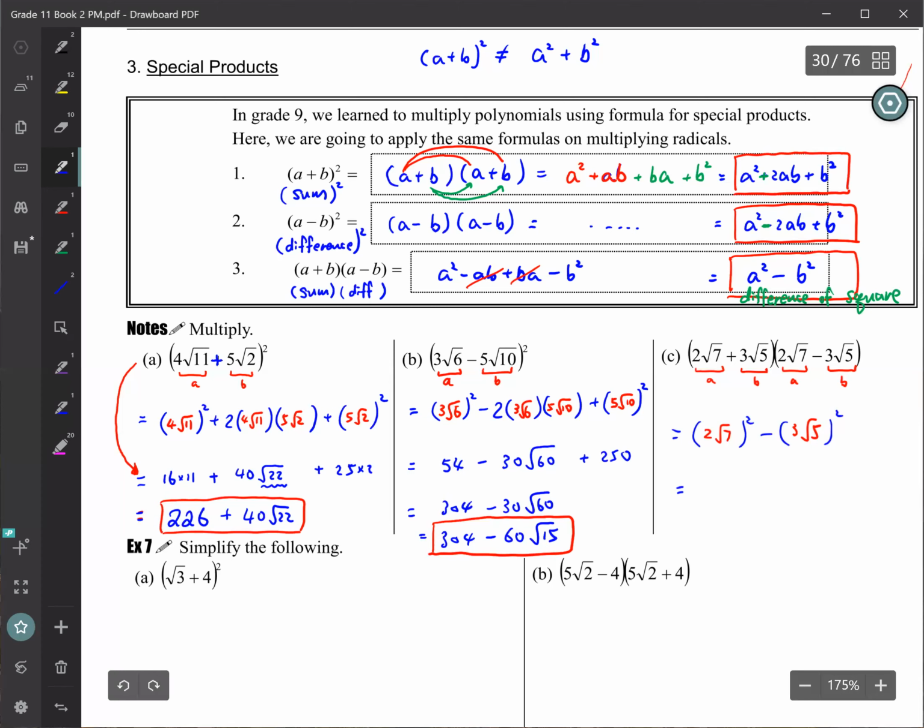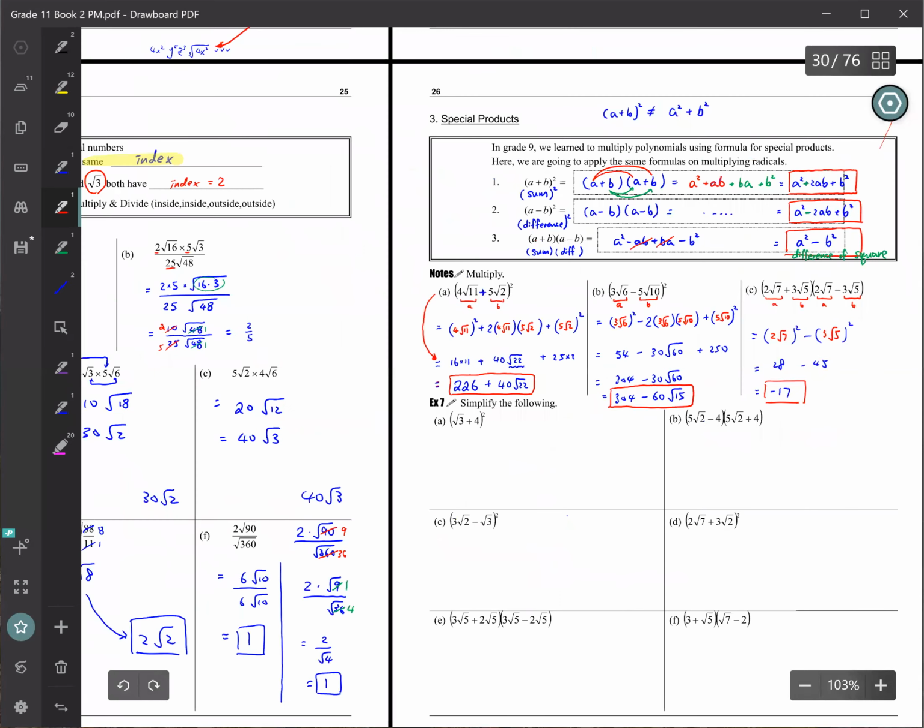Negative 17. Okay, let's check. Evan, how about you? I also got negative 17. All right, Harry? Same. Okay, so let's square that. 2 times 2 is 4, 4 times 7 is 28, minus 45. Negative 17 is correct.